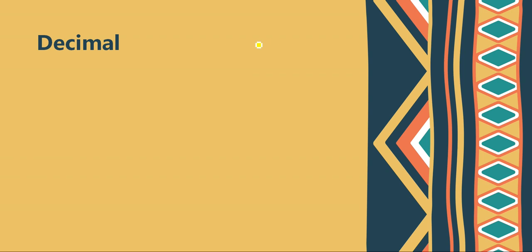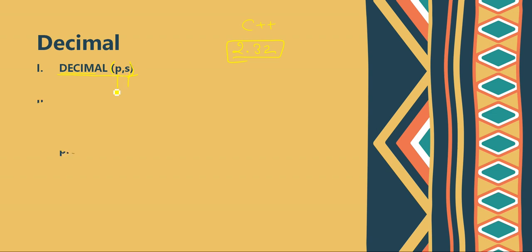Now decimal. We have learned about decimals in C++ as well. Decimal points like 2.33 is a decimal value, right? To store decimal values we create a decimal data type, and the format is decimal, then a bracket, and inside this bracket we need to pass two parameters.